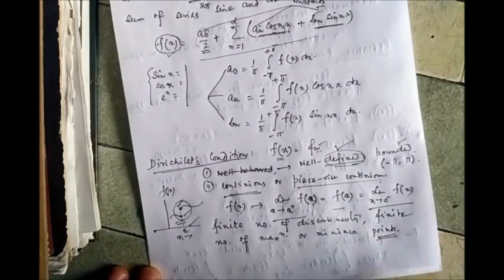Another condition is that, along with this, the function must have a finite number of maxima or minima points. So the function must have maxima or minima points of finite number.